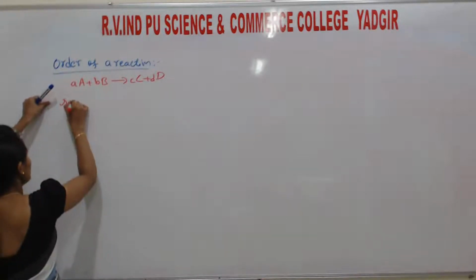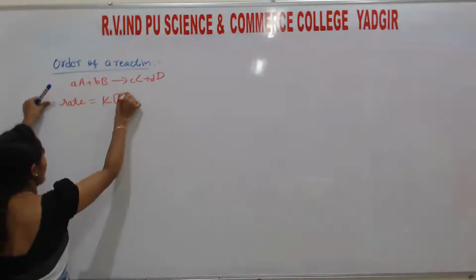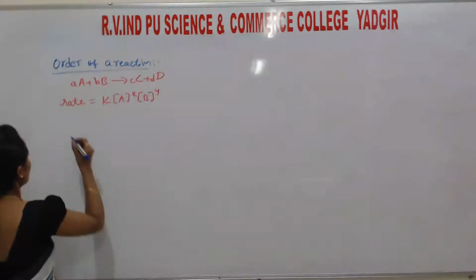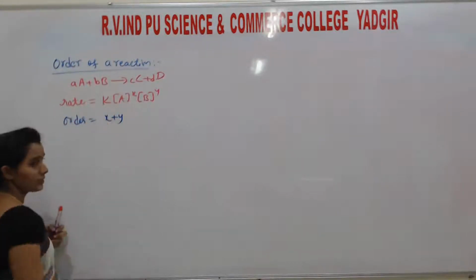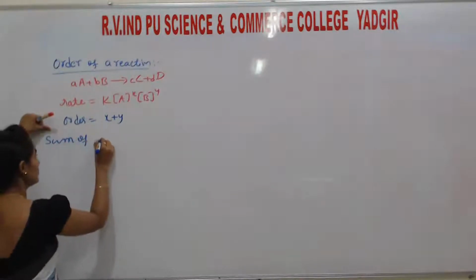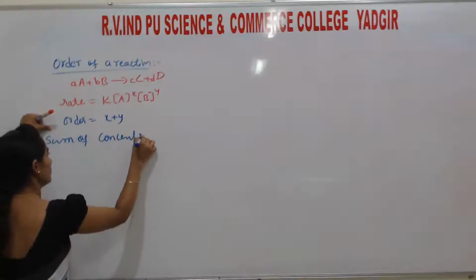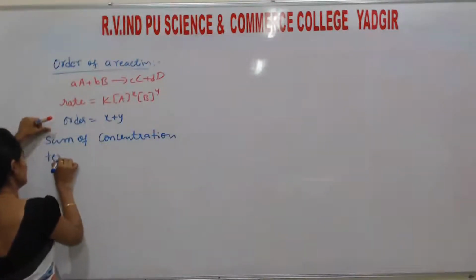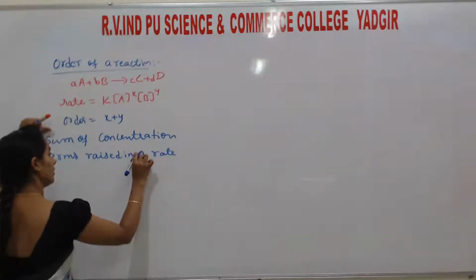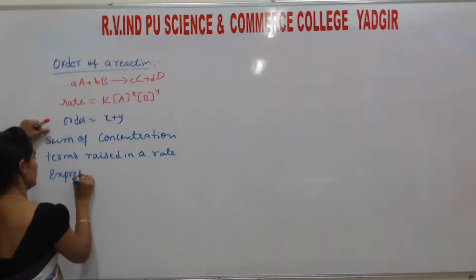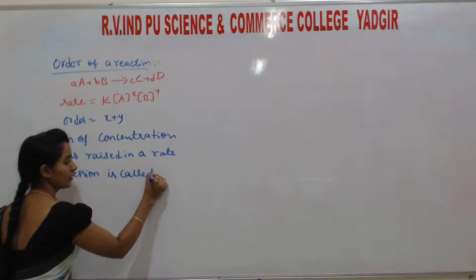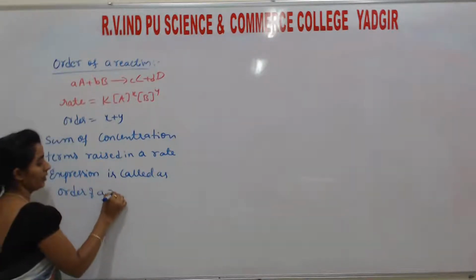Okay, so here rate is equal to K into A to the power of X, B to the power Y. Okay, so here what is order of the reaction means, order is equal to X plus Y. This means I write the definition, the sum of concentration terms raised in a rate expression is called as order of a reaction.